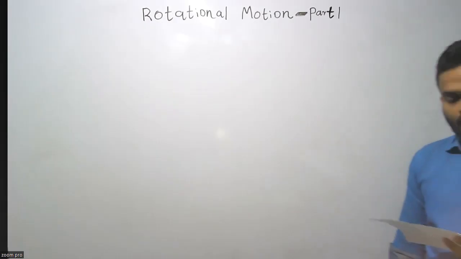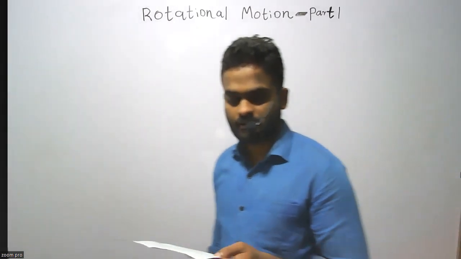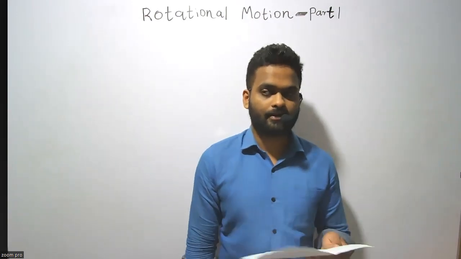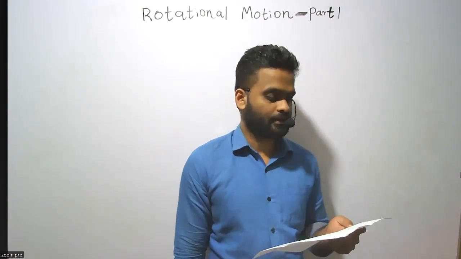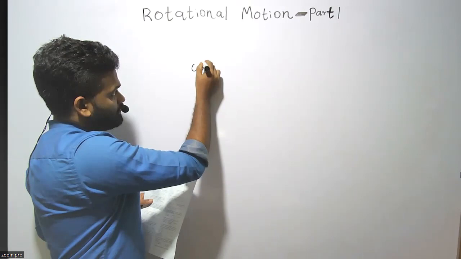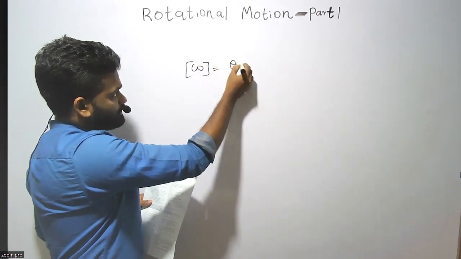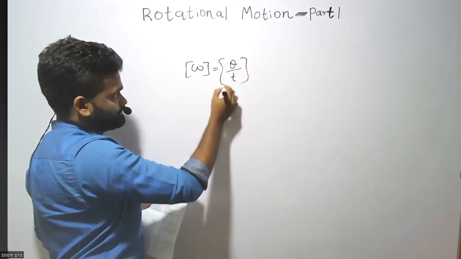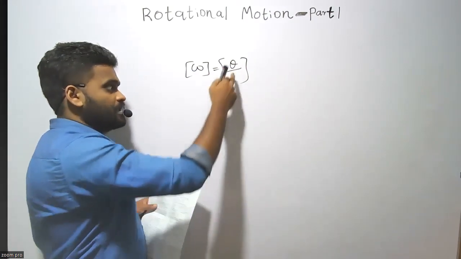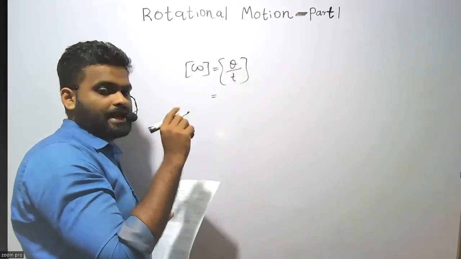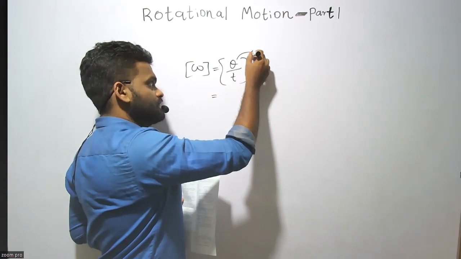Try that. Okay, in the first question they ask the dimensions of angular velocity. Angular velocity is equal to theta divided by time, right? This theta is an angle. It is just a number.